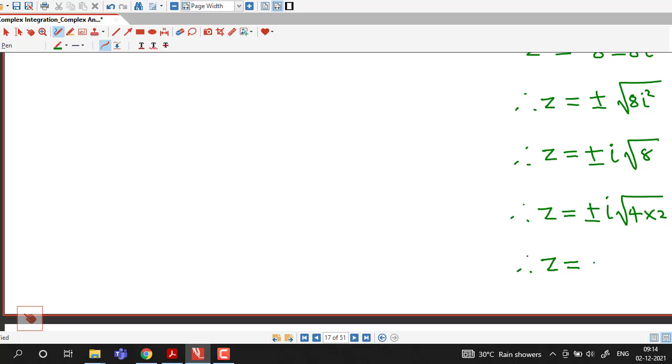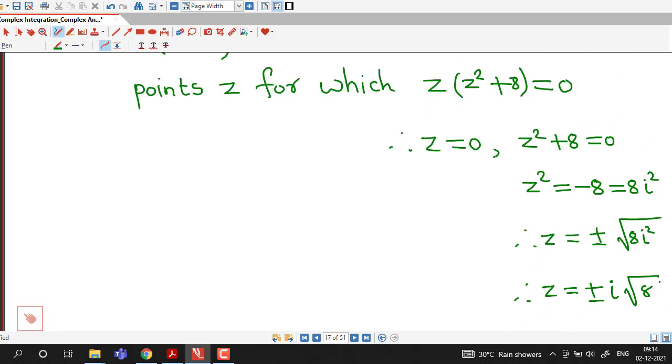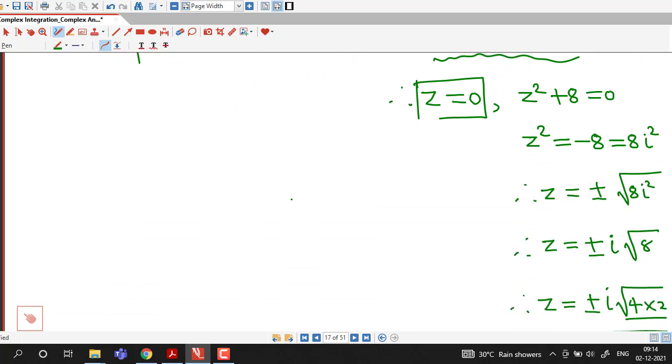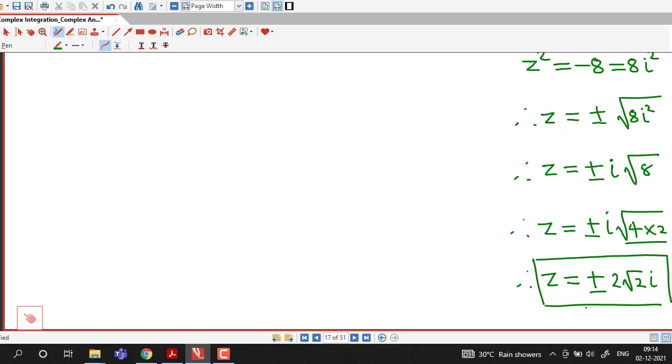So finally z equals plus or minus 2 root 2 i. If z is plus or minus 2 root 2 i or z equals 0, the denominator becomes 0, so this function is not analytic at z equal to 0 and z equal to plus or minus 2 root 2 i.